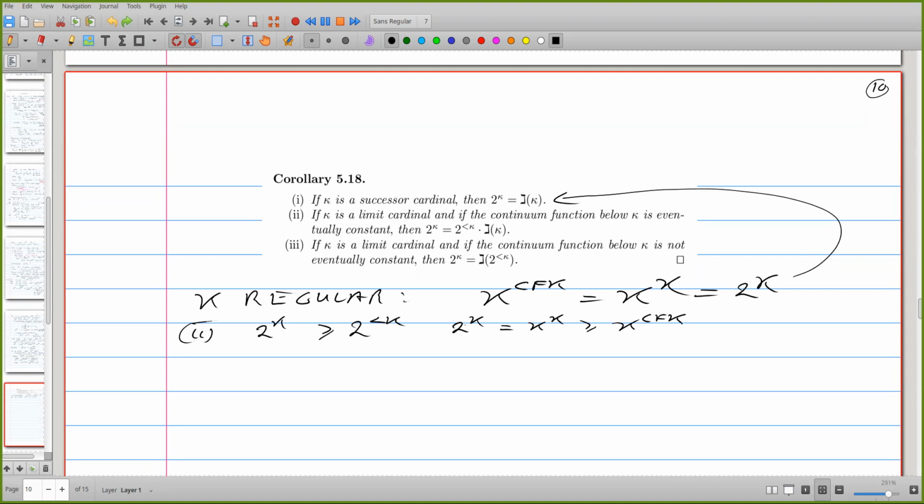We prove part 2 by looking at all the inequalities. 2 to the kappa is at least each of the individual factors.